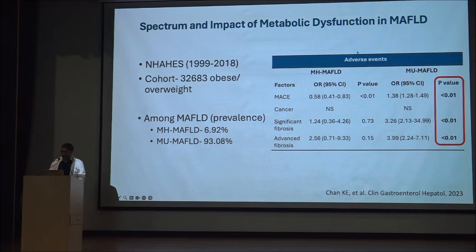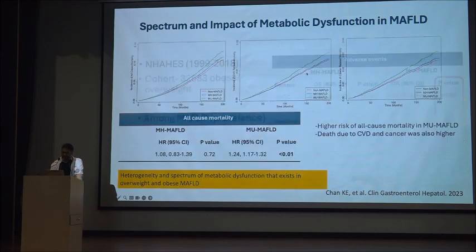And they found that the adverse events of MACE, that is cardiovascular event, and development of significant or advanced fibrosis, are higher in those who have unhealthy MAFLD, that is they have either cardiopulmonary metabolic risk factors or they are diabetic at baseline, compared to those who don't have diabetes but are just obese.